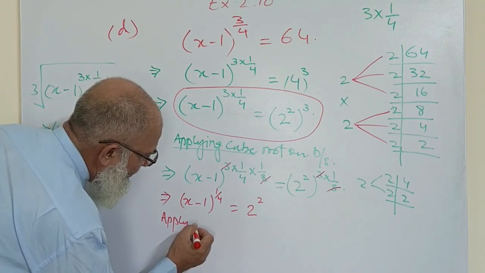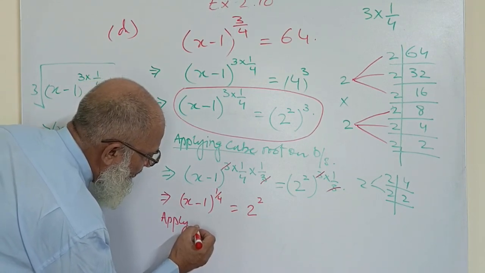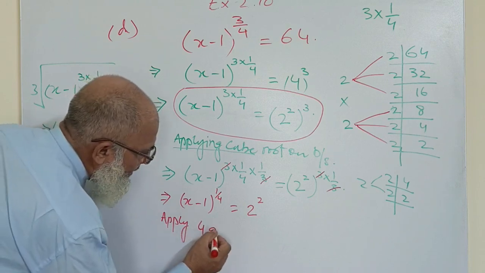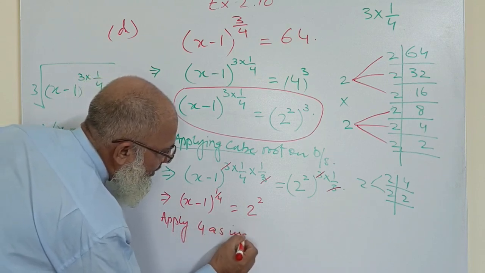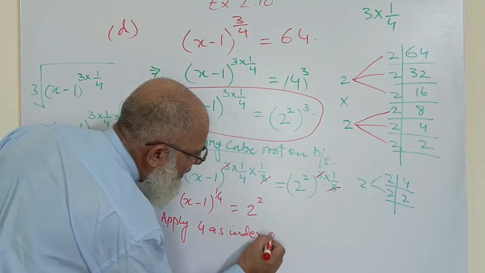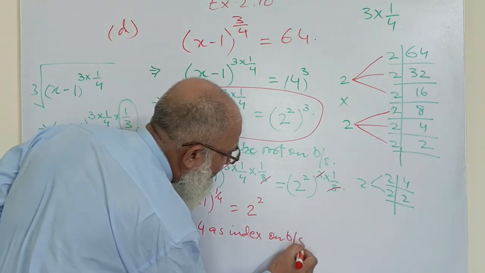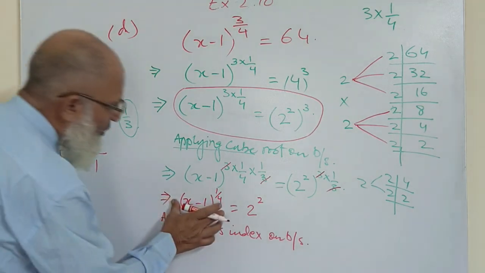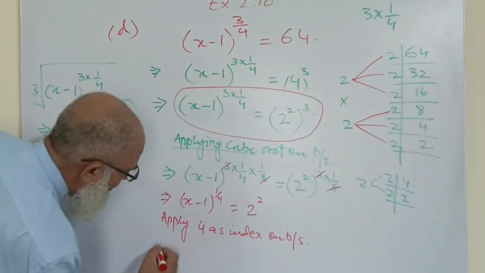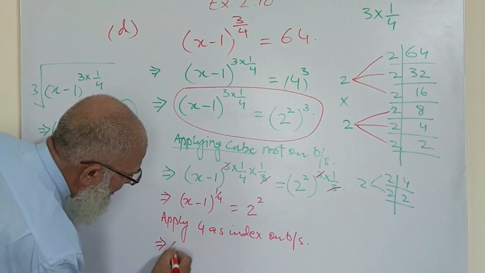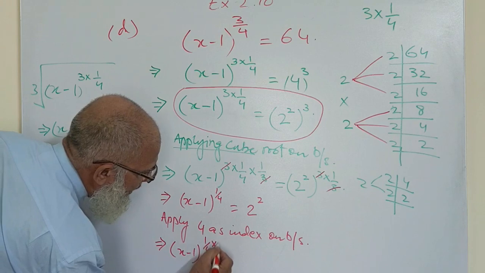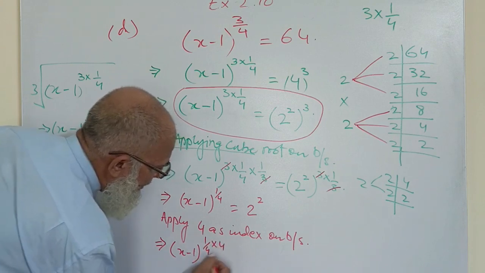We will apply 4 as index on both sides. You see what will happen now? It will become x minus 1, 1 by 4 multiplied by 4.